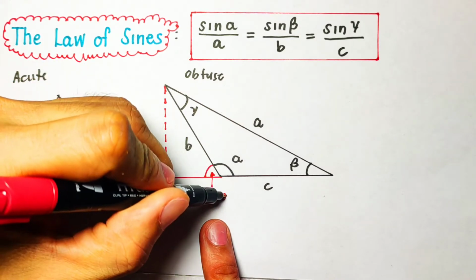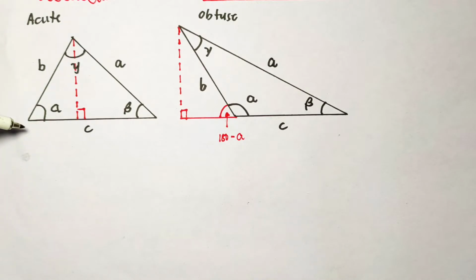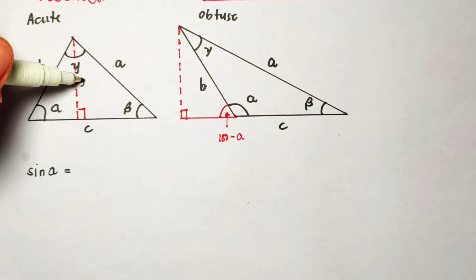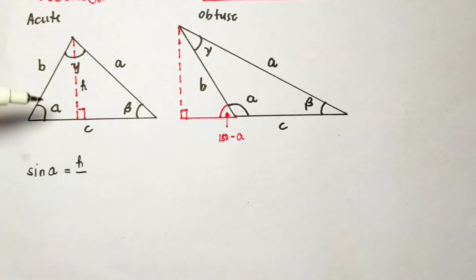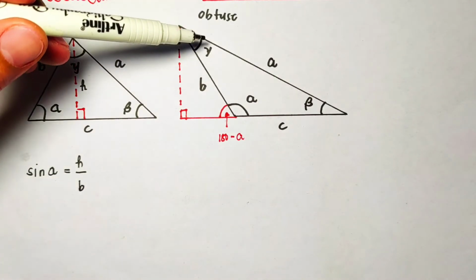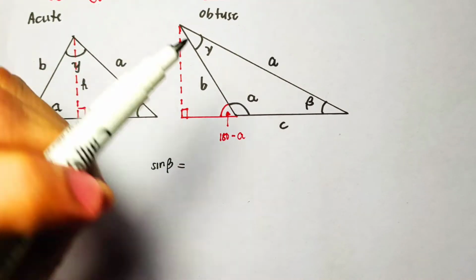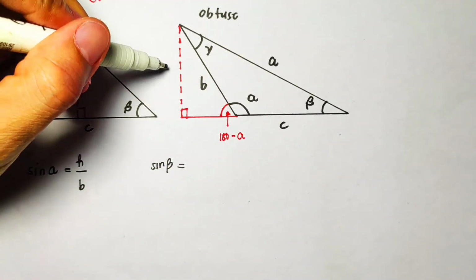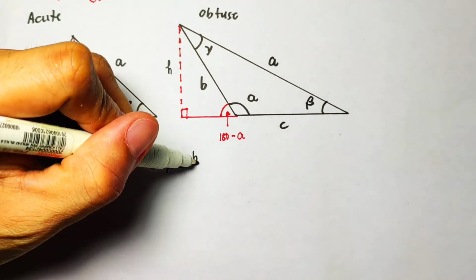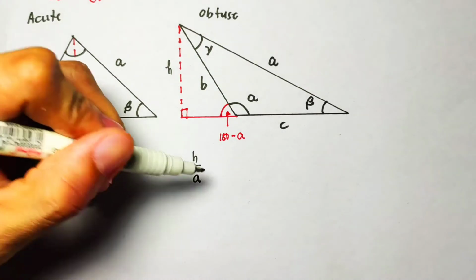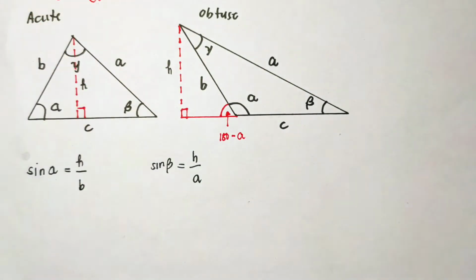So this angle will form 180 degrees minus this angle alpha. Okay, so from this acute triangle, we can express that the sine of alpha is equal to the height over the hypotenuse B. And using the obtuse triangle, we can express that sine beta is equal to the height over the hypotenuse A, this side.